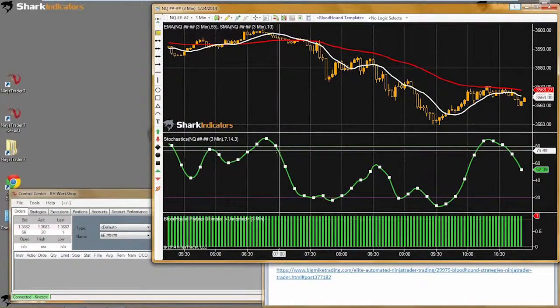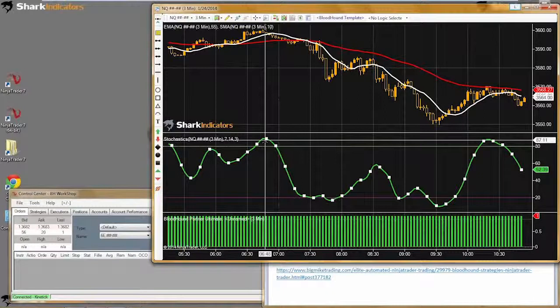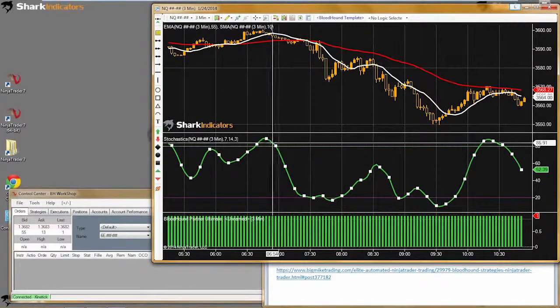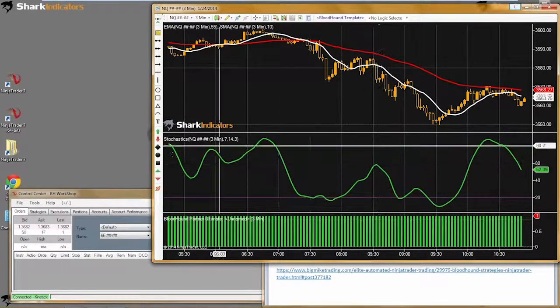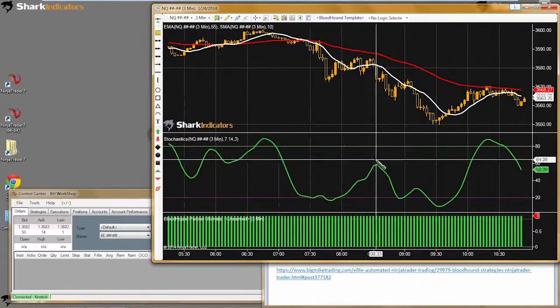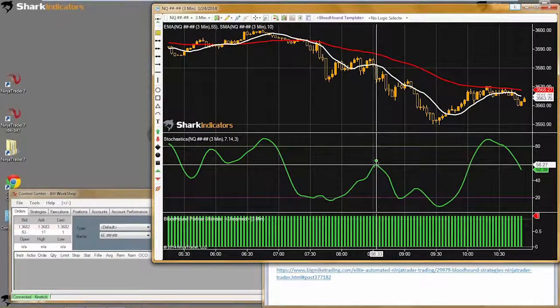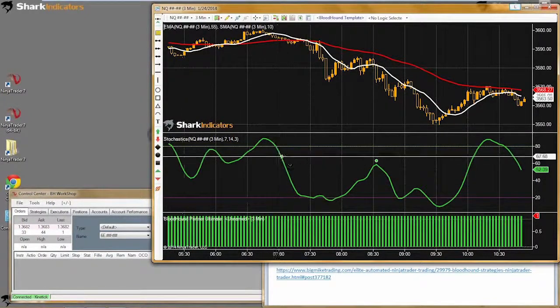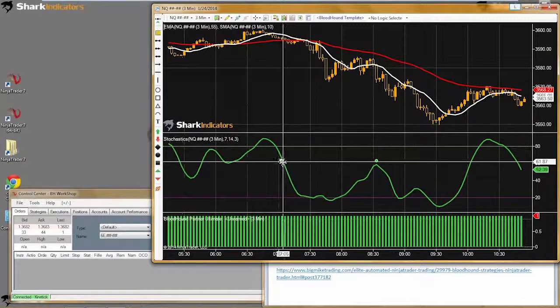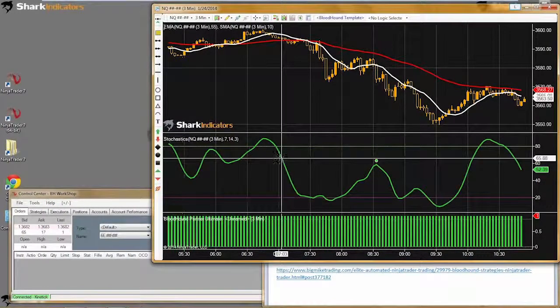The stochastic is really a bunch of values that you could represent as dots, but since we have it on the line plot, all the dots are being connected, and so you can't see where those dots are anymore, unless you get a point like right here, where the line made a sharp turn. That one's obvious, but if you're looking along here, you really don't know where that dot could be. Is it there? Is it there? It's hard to see visually.